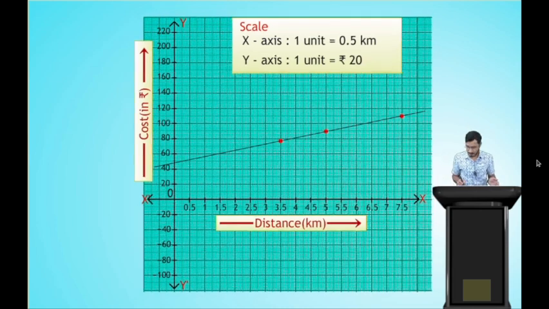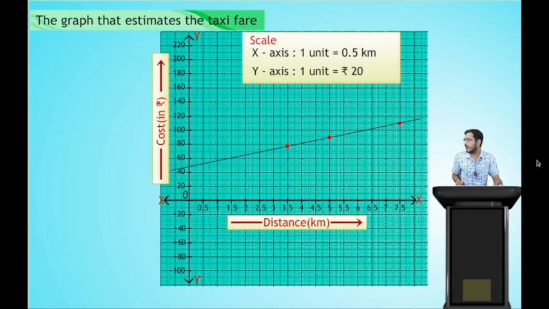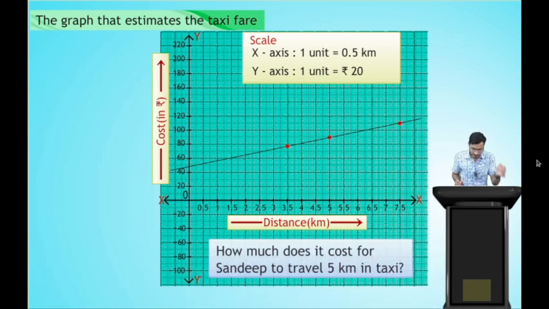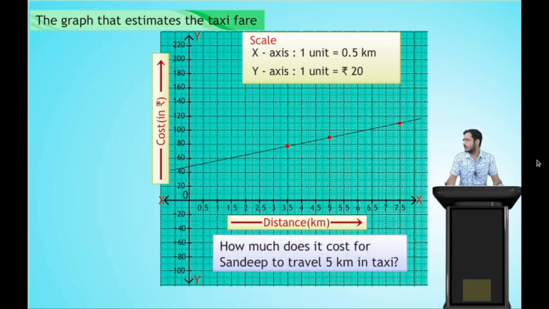You can see here the graph that estimates the taxi fare. How much does it cost for Sandeep to travel 5 kilometers in a taxi? Can you tell me? See the graph and you can tell me the answer.